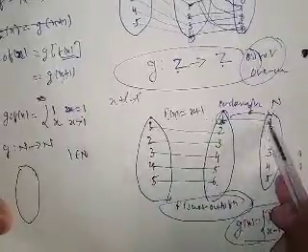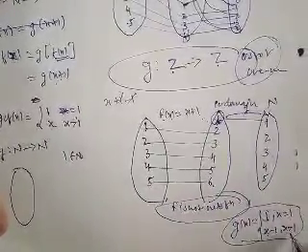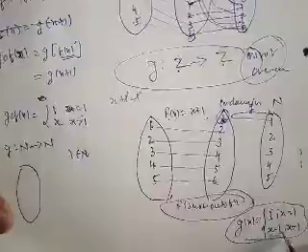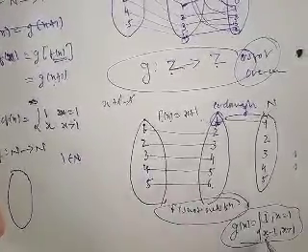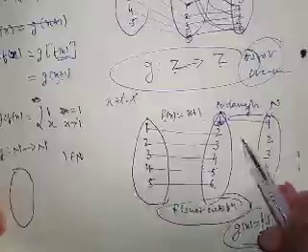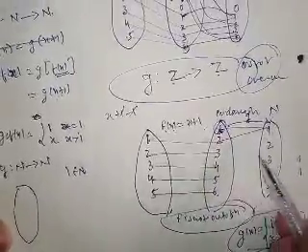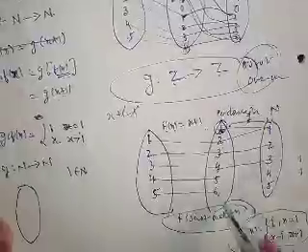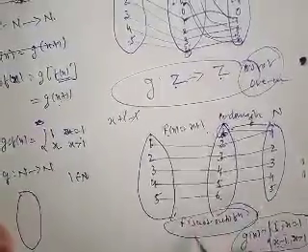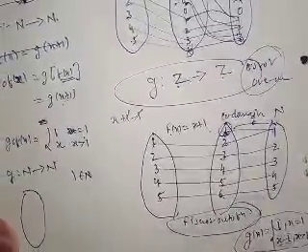For x greater than 1, this second function will be used. So for 2, 2 minus 1 is 1. For 3 it will be 2. For 4 it will be 3. For 5 it will be 4. For 6 it will be 5.